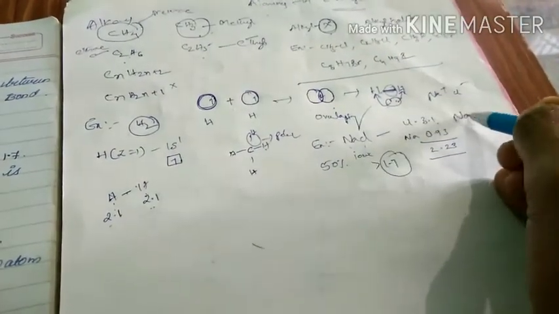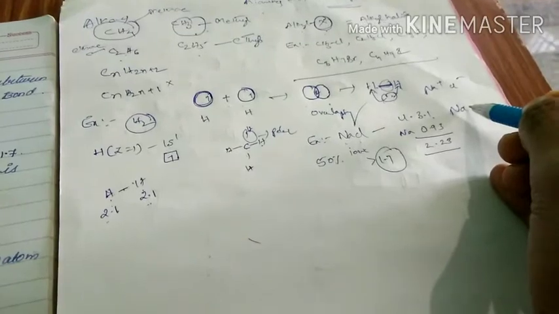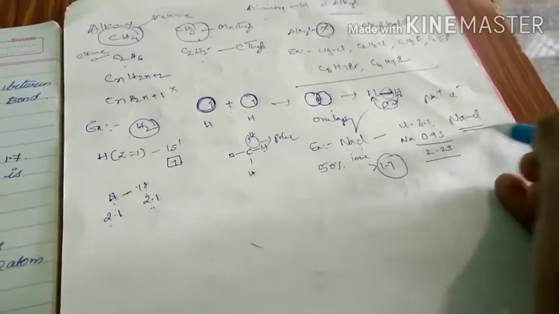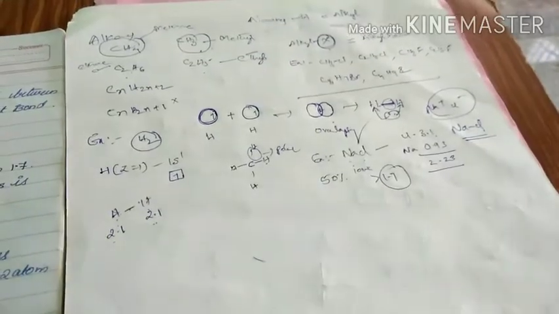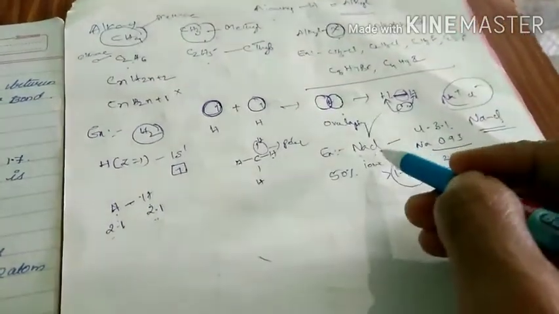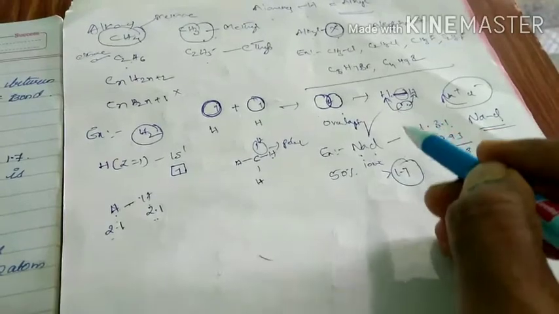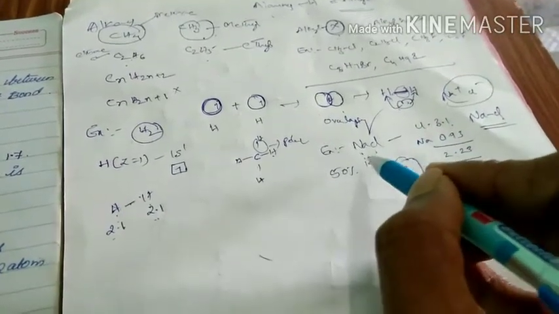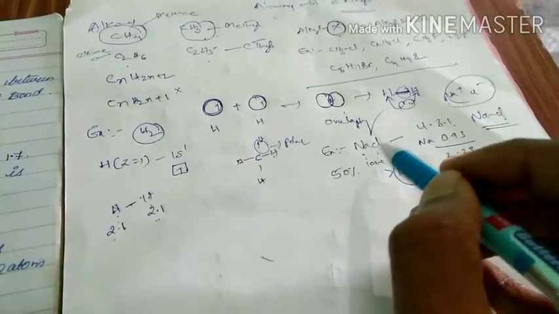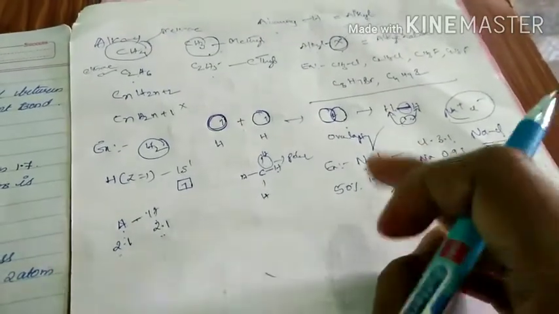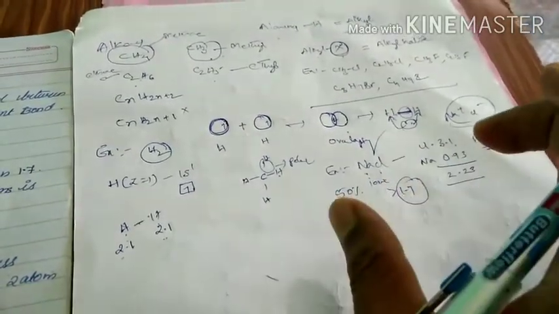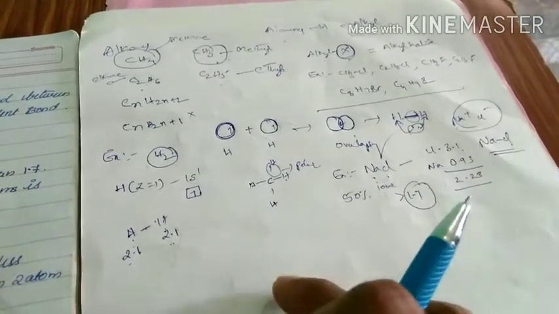We don't usually write Na-Cl, because here ionic bond dominates covalent bond. But what is the point? Between these two atoms, covalent bond is also there, but the chances are very less. Its percentage is very less. Ionic bond formation is more. That is the meaning of that point.